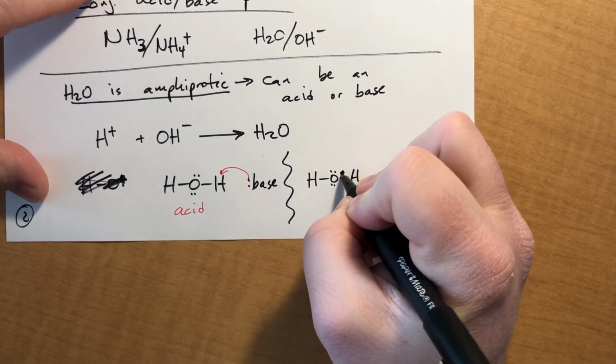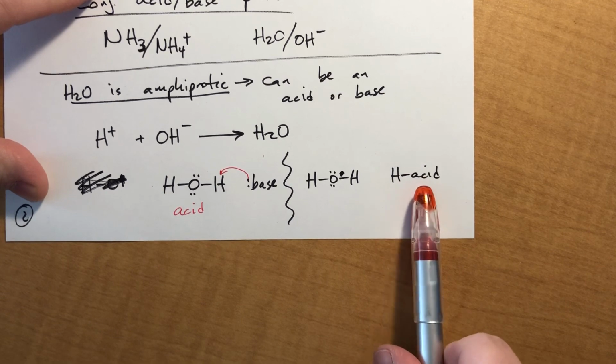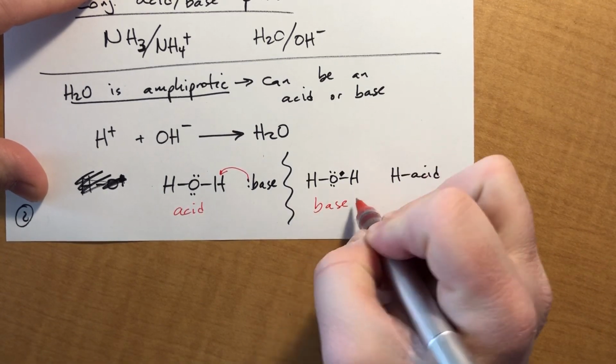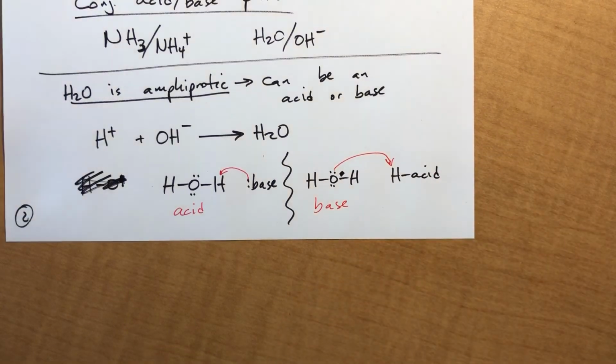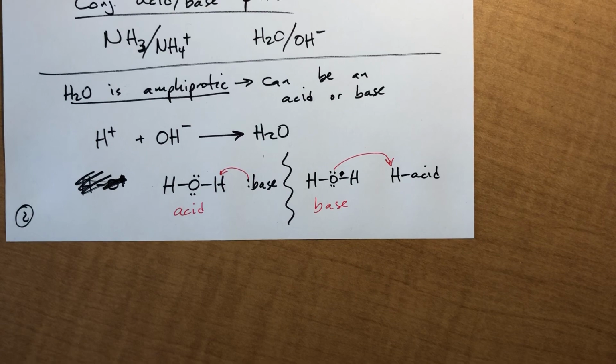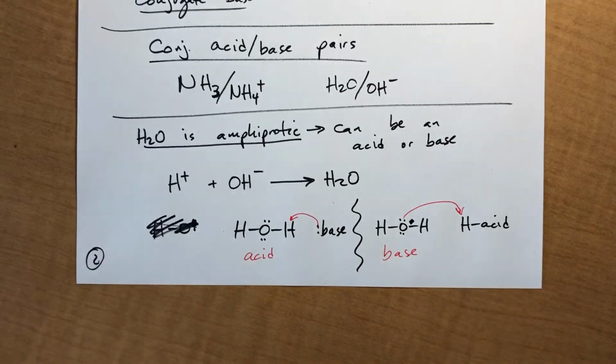What'll happen is because this is an acid, the water will act as a base and it will steal the hydrogen. So depending on the circumstances, water can be an acid or a base. This is something we're going to have to deal with a lot these next couple chapters, so this is the ground rules of how most of this chapter is going to work. All right, thanks.